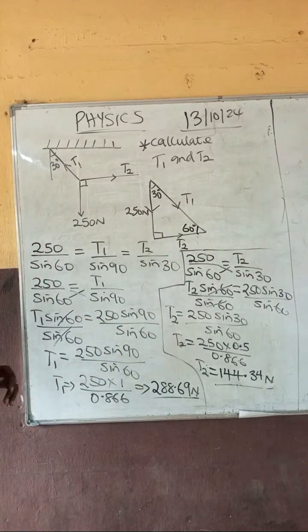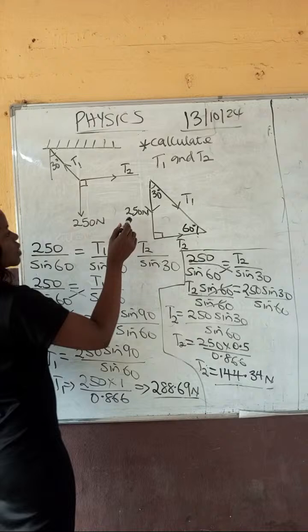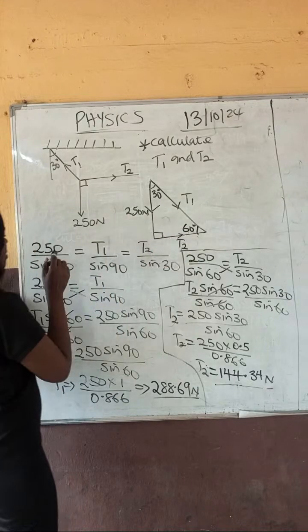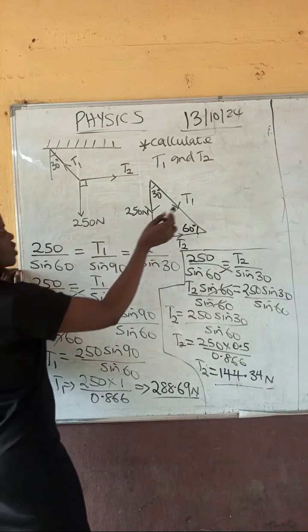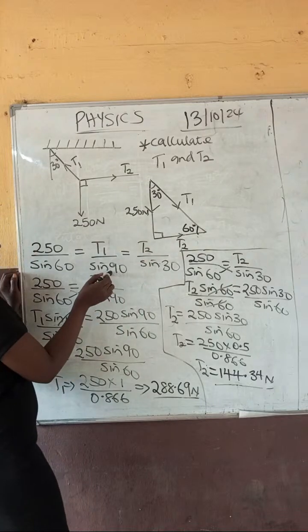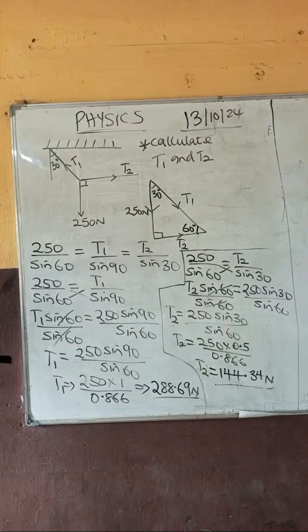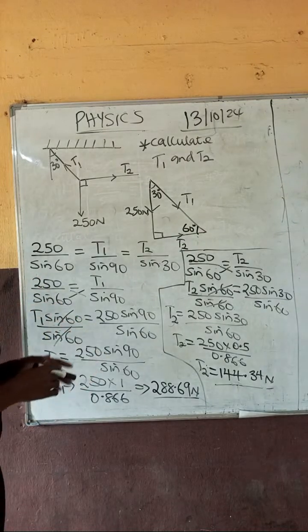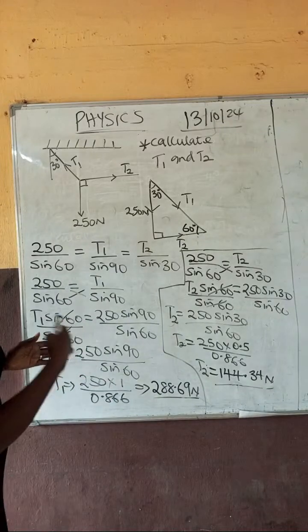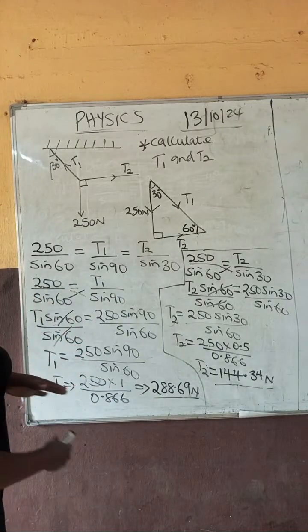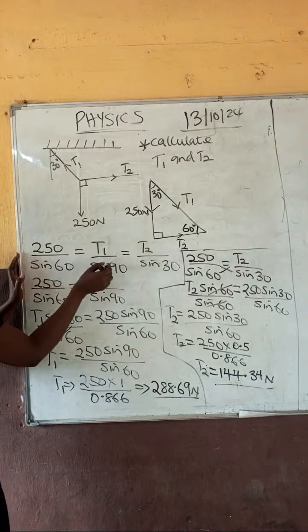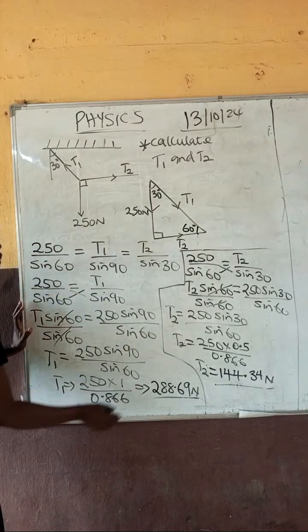So I'm going to use sine rule to solve 250 over sine 60 is equals to T1 over sine 90 is equals to T2 over sine 30. Now, because we are looking for the unknown T1 and T2, we are not going to solve them together. What you are going to do is to solve them simultaneously, one after the other. So we equate this and this first to get my T1.